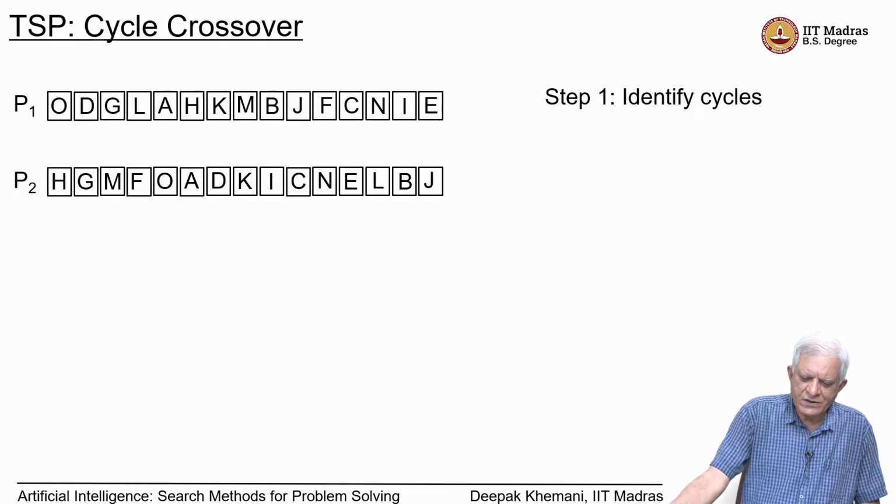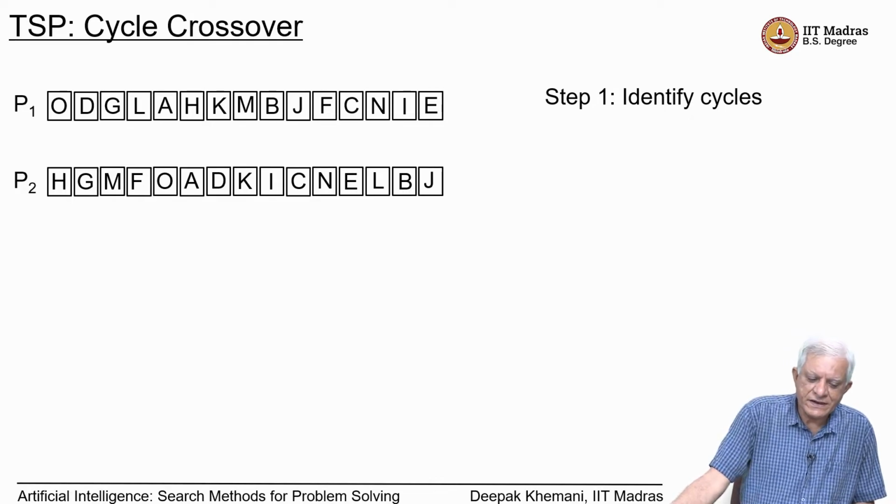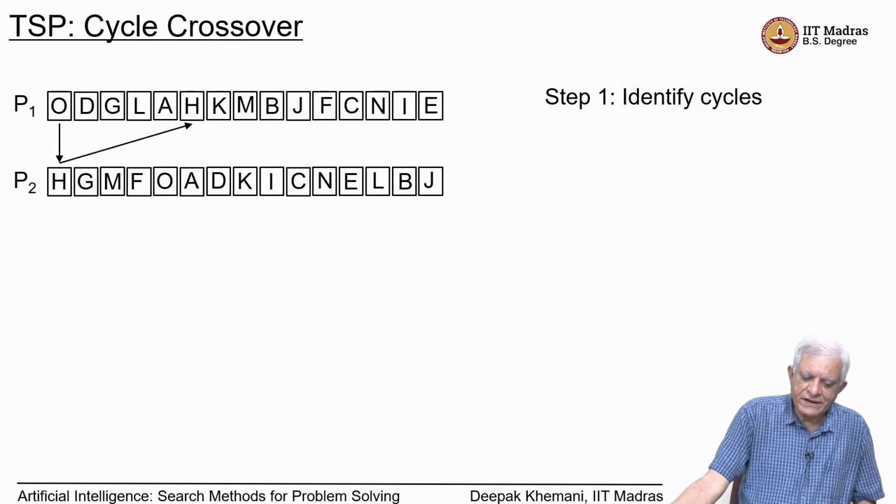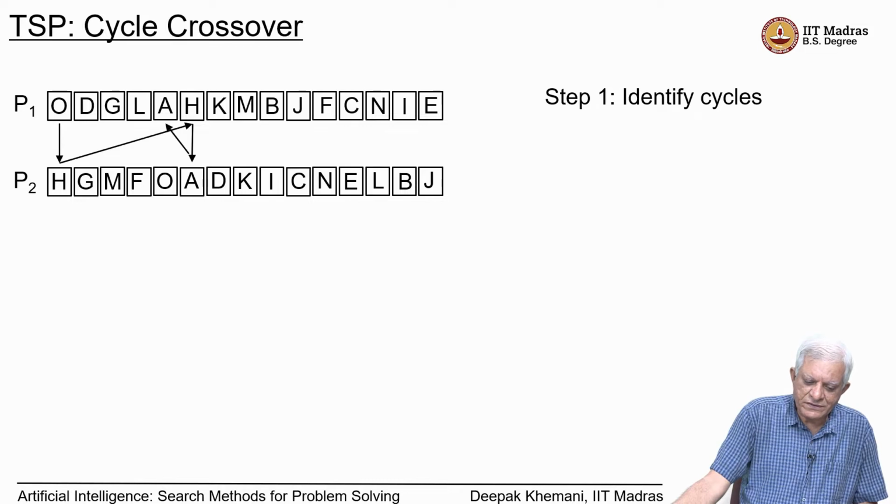So, the first one is called the cycle crossover, and here we have these two parents P1 and P2. The first step is to identify the cycles. You start with O, go to H in the first parent and follow its links. So, from H you go to A, so you go to the first A in the first parent, then from A you go to O, and then you have come back to the starting point in the first parent.